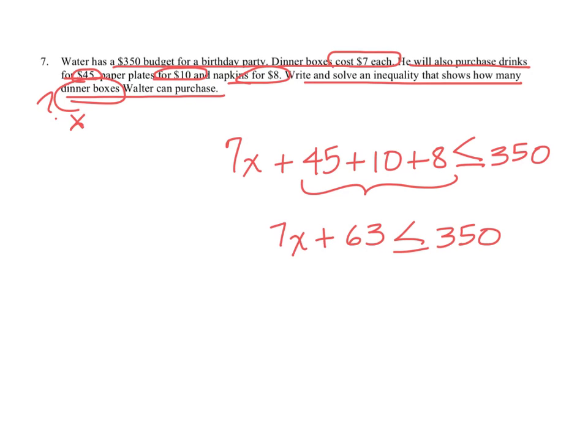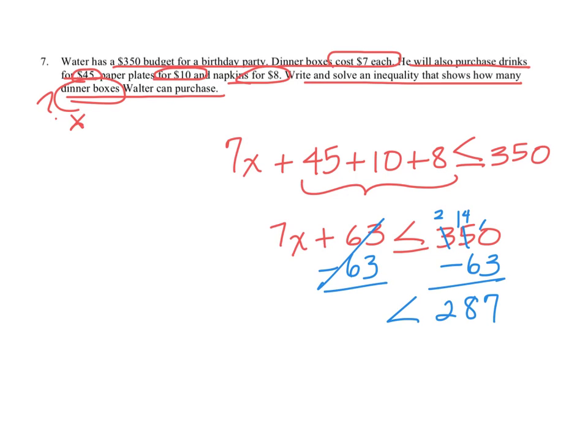To solve for x, we will subtract 63 on both sides, and 63 cancels out on the left. 350 minus 63 will be equal to 287.